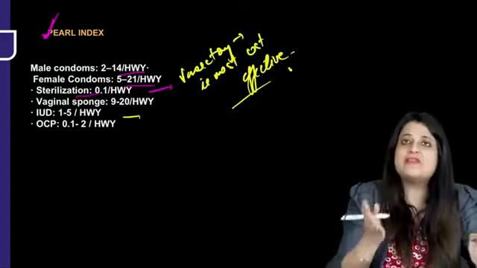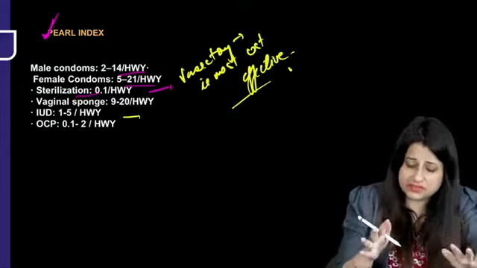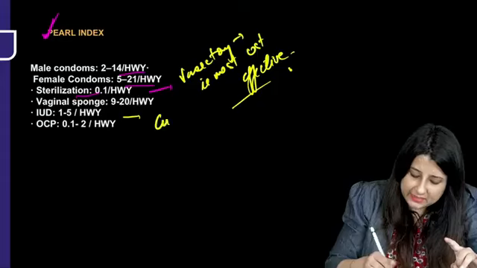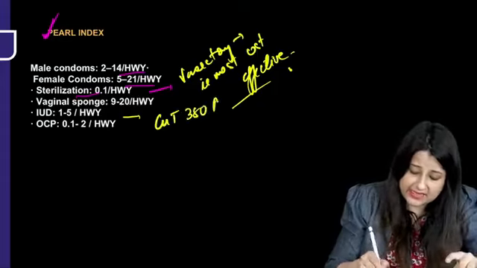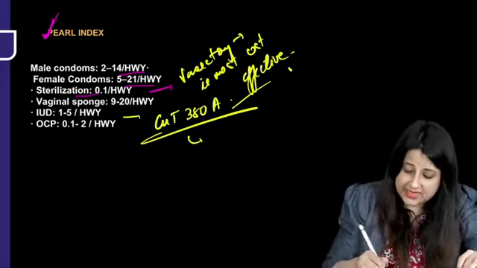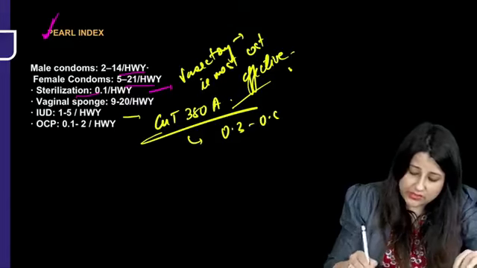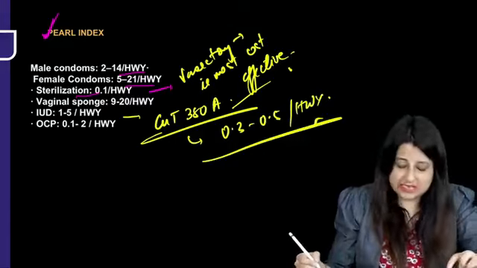Intrauterine devices, roughly 1 to 5, because there are different forms, first generation, second generation, third generation, and so forth. But please remember the one which is very commonly asked, copper T380A, which is most commonly used, has the shelf life of 10 years. Its failure rate is only 0.3 to 0.5 per 100 woman years. This can definitely come in your exams.